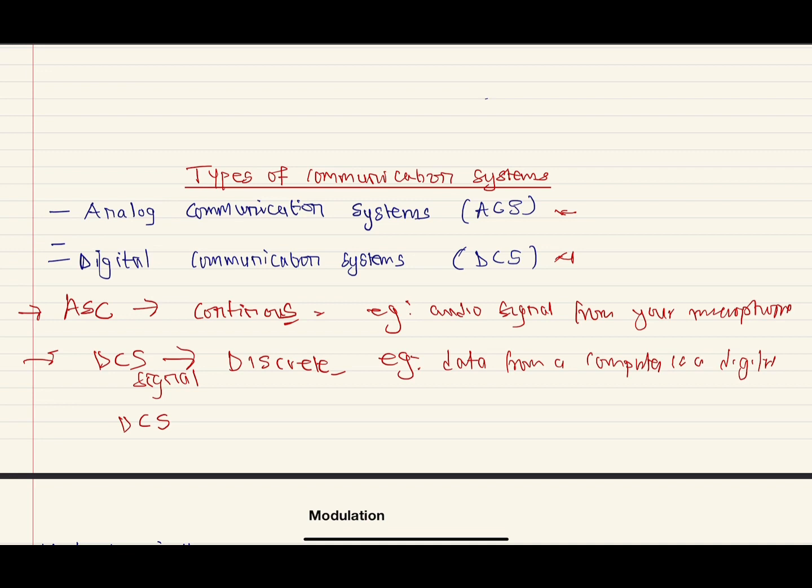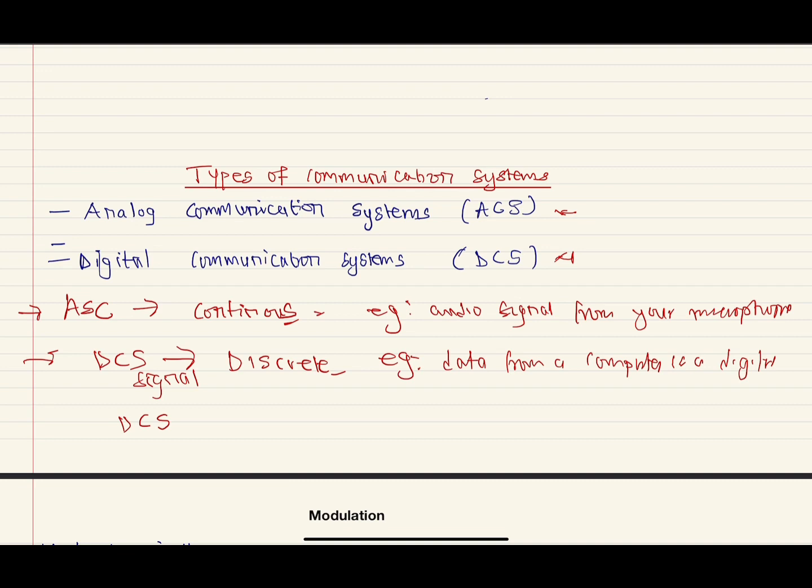The next one that I would like to talk about is security. Digital signals can be encrypted to protect them from unauthorized access. This is very important for many applications such as military communication and financial transactions. So in this case, digital communication system is very important.